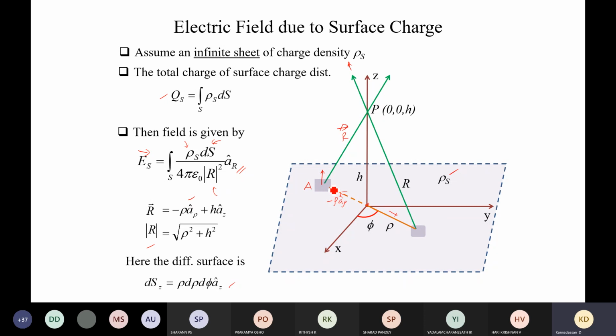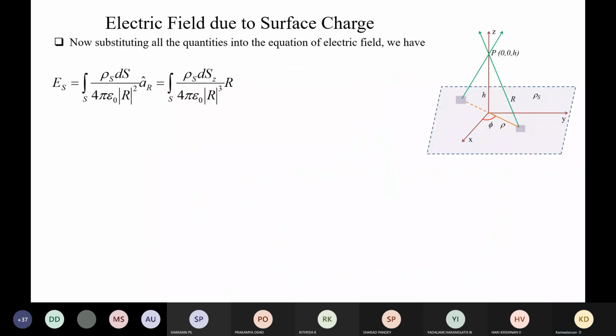So far, whether the distribution is square or any shape is not mentioned, so we are going to take it this way. So this is the dS. Now we have to substitute all of them. Then we will get a vectorial multiplication, and then we will go for the integration. So this is the electric field, in which we first convert that aR vector.